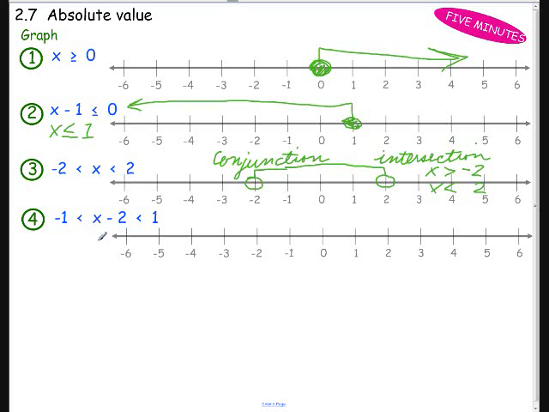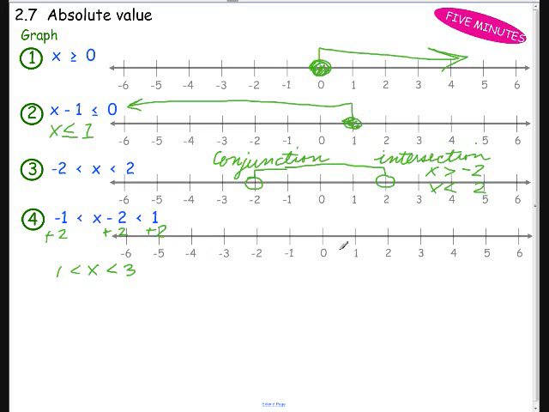This one here, let's see, this one will also be a conjunction, but I can't use it yet. I have to simplify it. So I'm going to add 2 to each member, and I end up with 1 as a boundary point and 3.